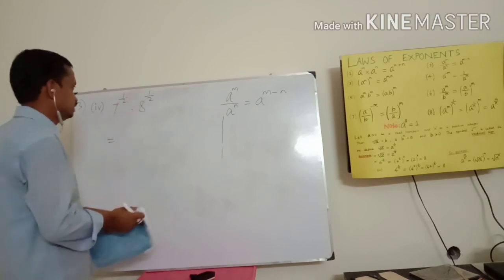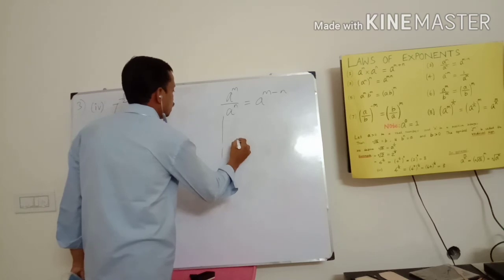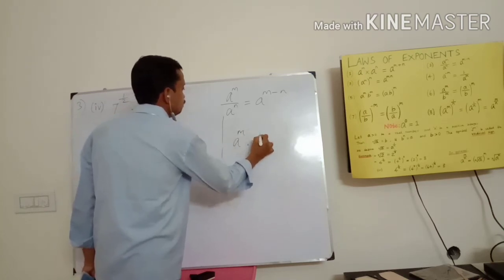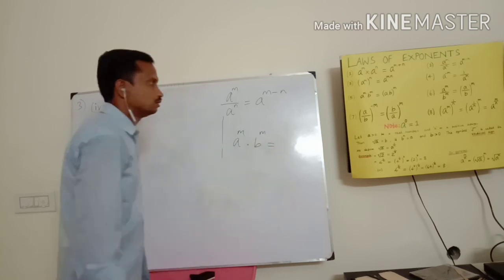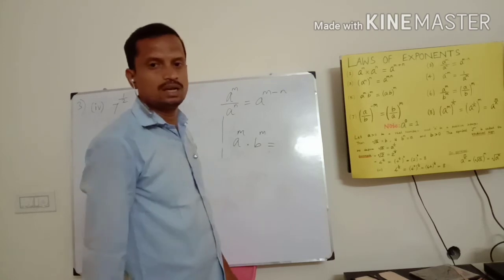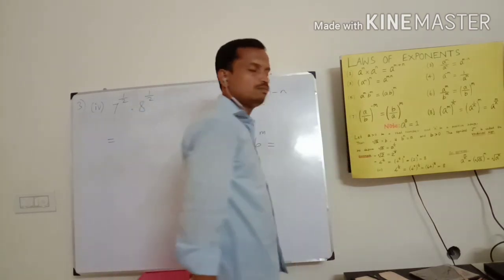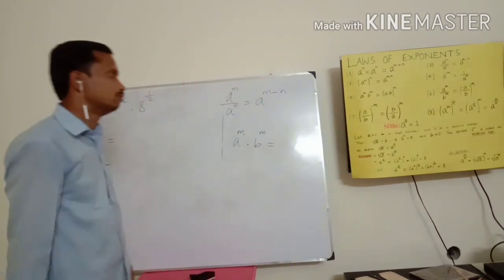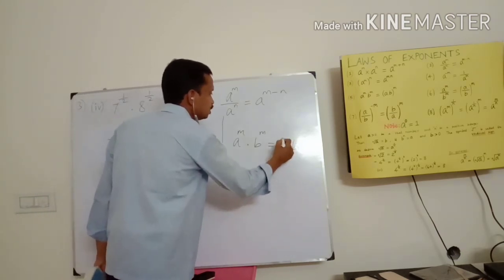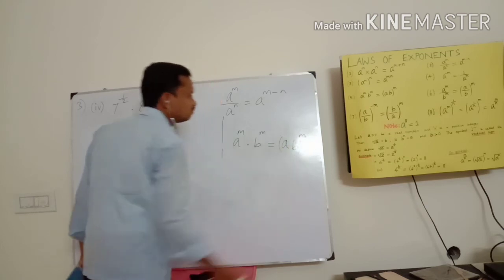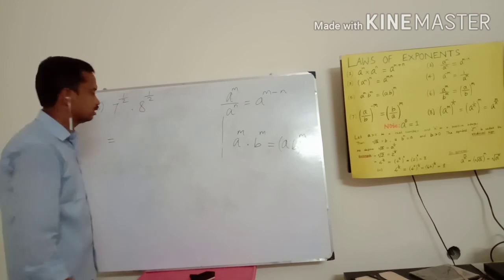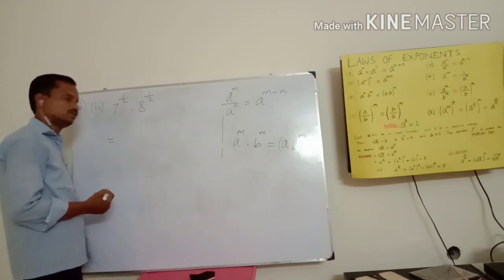So it is like a power m into b power m. So this law, a power m into b power m is nothing but ab whole power m. So you can write ab, just multiply the bases and put the common power m. By applying this exponent law here, you will get the answer.